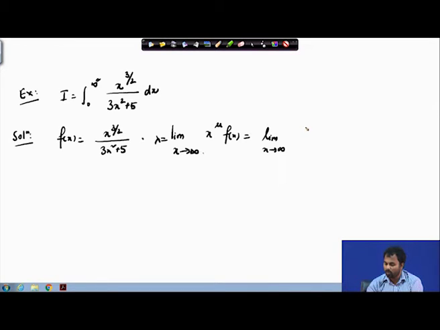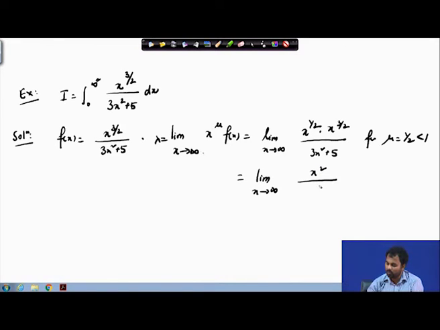If I choose mu equals to half, then this will become x to the power half times x to the power 3 by 2 divided by 3 x square plus 5, for mu equals to half, which is obviously less than 1. Then this will reduce to limit x goes to infinity x square by 3 x square plus 5, and this can be written as 1 by 3 plus 5 by x square. So, ultimately this value will be 1 by 3 for mu equals to half, which is less than 1.